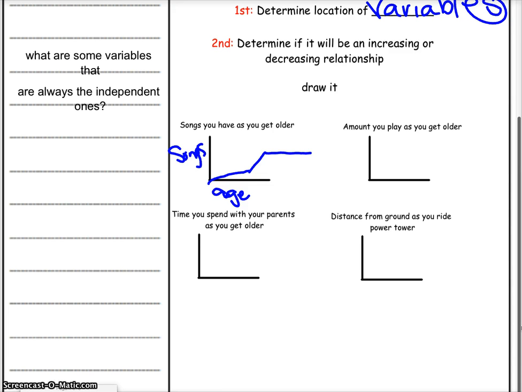Amount you play as you get older. What do you think? Do you think as you get older you play more or less? Less. So playing depends on your age, right? So the amount you play depends on your age. Okay, so how much do you play when you're a baby, the first year?